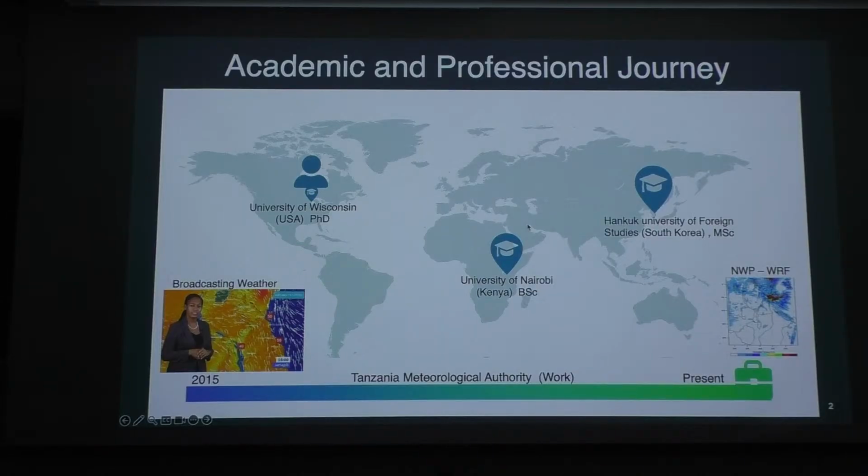I took my bachelor's in meteorology at Nairobi University, then went to Hankuk University of Foreign Studies in South Korea for my master's, and now I'm in the West, taking my PhD. Since 2015, I've been working on many things, among them broadcast presentation, most of which is on YouTube. I've also been doing numerical prediction, dealing with the WRF model, the weather watch model and the COSMO model, and I've been dealing with seasonal forecasting and verification.